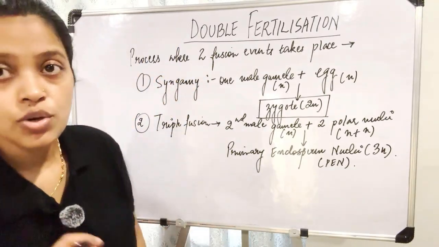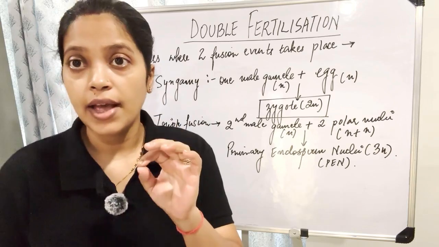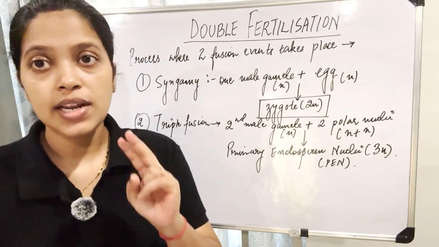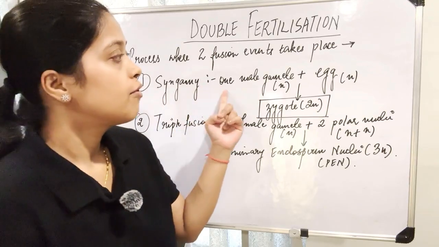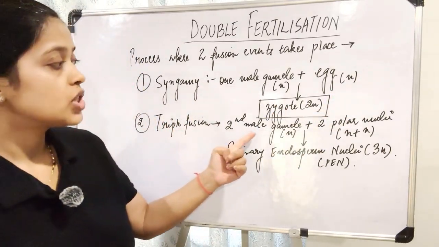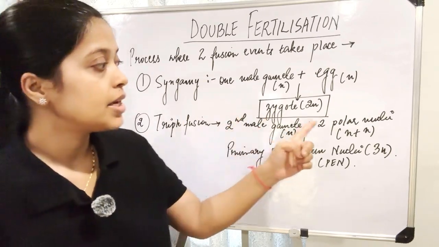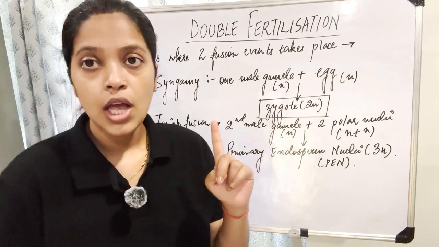We call it double fertilization because there are two fertilization events occurring. One is syngamy, the fusion of one male gamete with the egg, and the other is triple fusion, which is the fusion of the second male gamete with the two polar nuclei to form the primary endosperm nucleus.